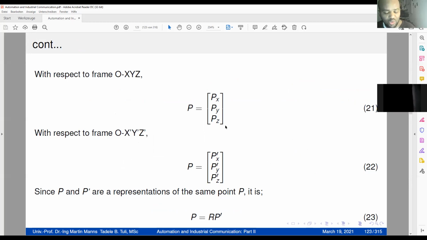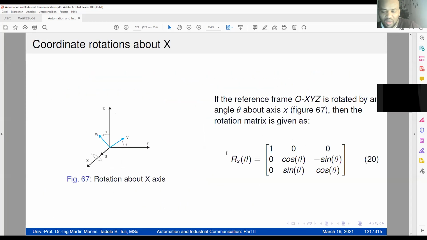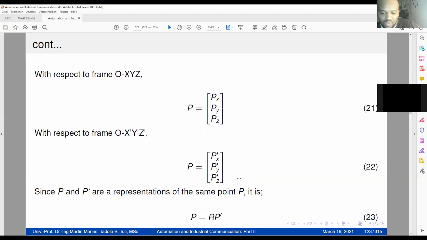When you have matrix manipulation, there are some scenarios. For example, for the rotation you have a 3 by 3 matrix, and then you have a position, which is a 3 by 1 matrix.